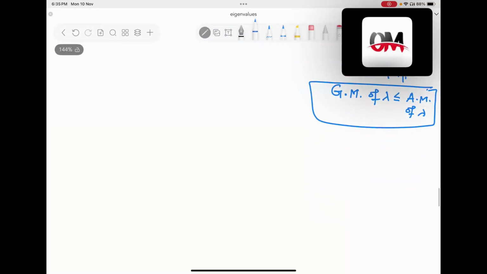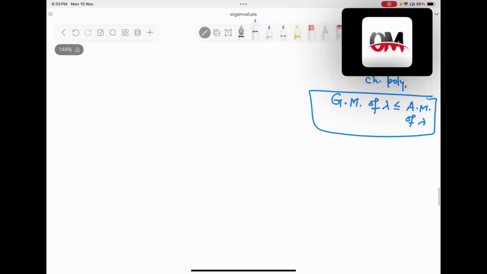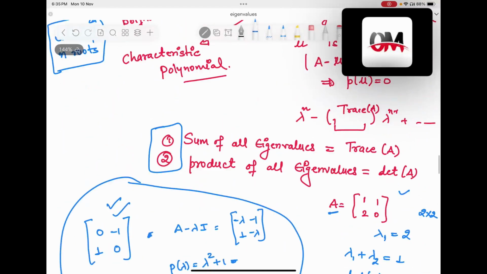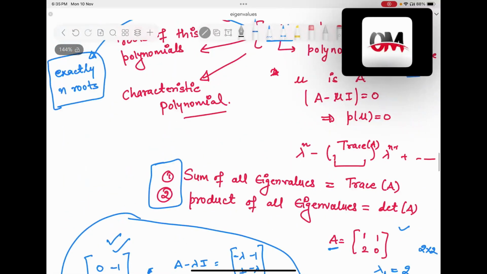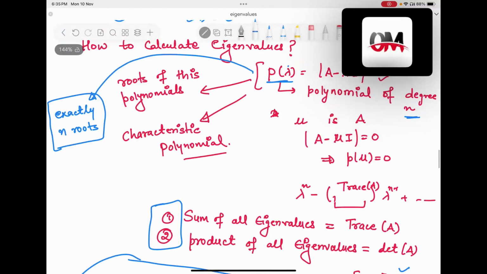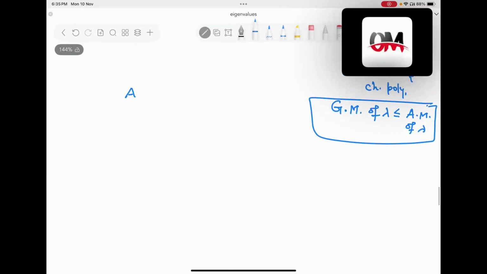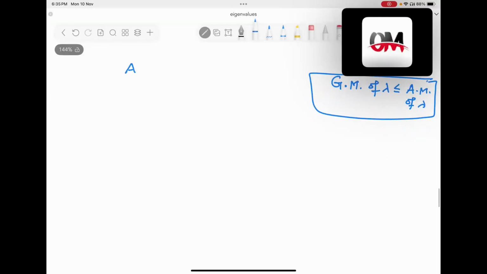Now, by using the fundamental theorem of algebra, we said every matrix has an eigenvalue if we are going for complex numbers. Every matrix is an operator, and every linear operator is a matrix.